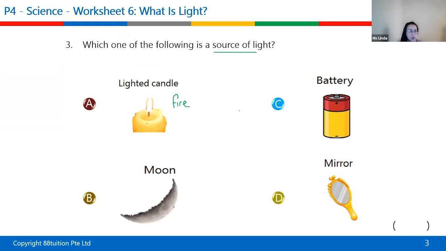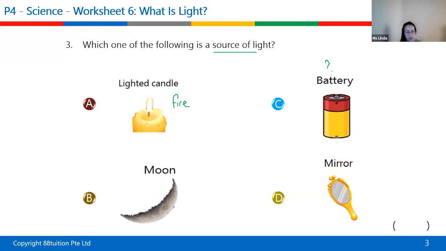Now, can someone tell me why battery doesn't give out light? What about battery? Anyone explain? Battery powers up some electronic stuff, right? So why isn't it a source of light? Why can't I say battery also gives out light?